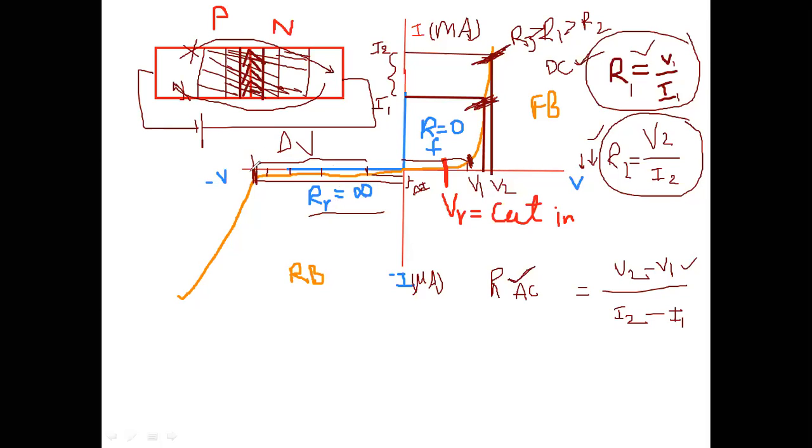After some voltage value called the breakdown voltage, or avalanche breakdown voltage, what will happen if I increase the reverse bias voltage?